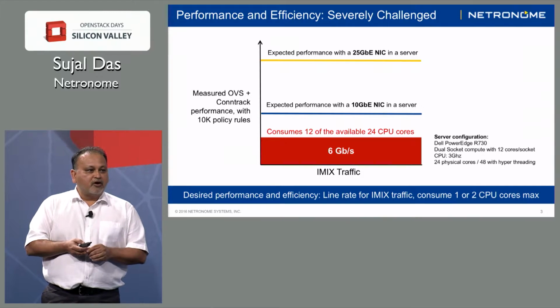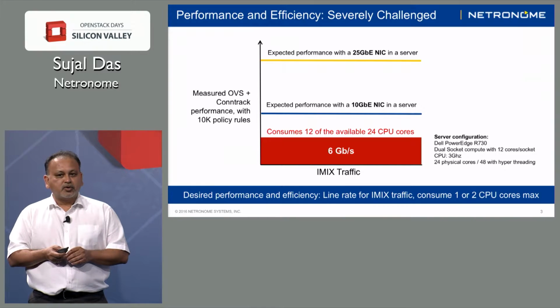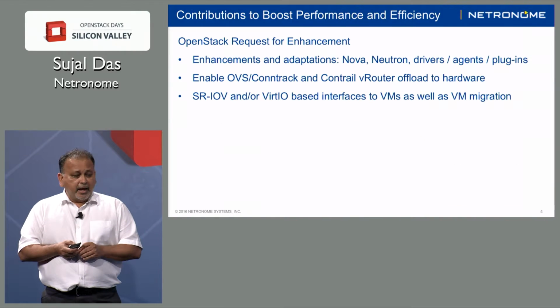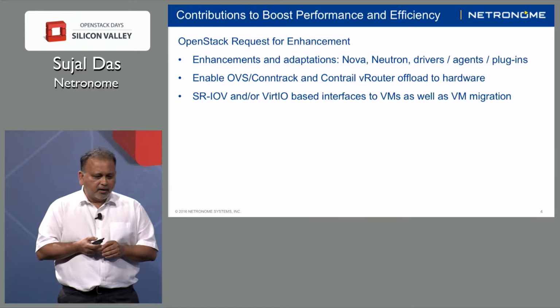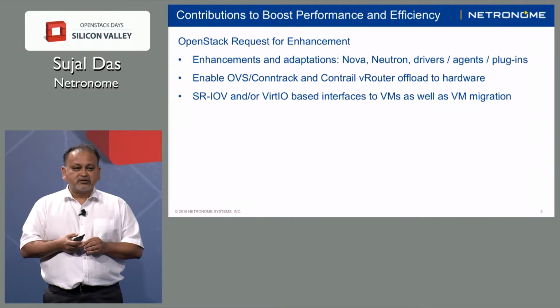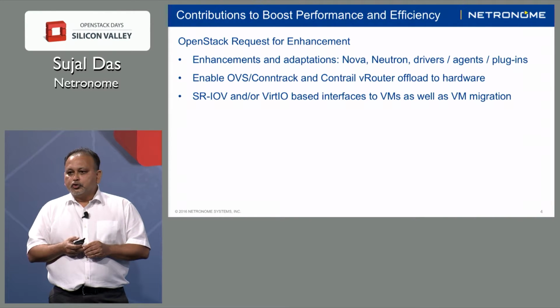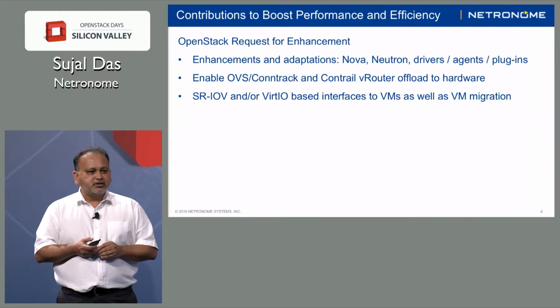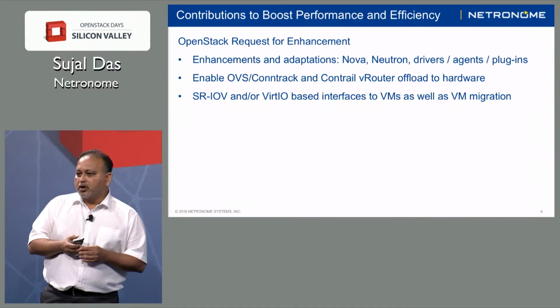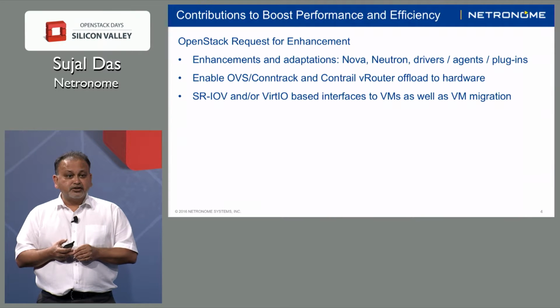So Netronome is working with the OpenStack community to solve this performance efficiency problem. Specifically, we are working on what is called an OpenStack request for enhancements, or RFE. The RFE relates to enhancements and adaptations related to Neutron and Nova, as well as associated drivers, plugins, and agents.